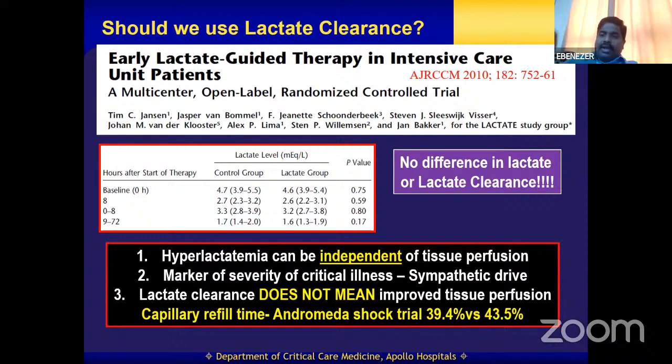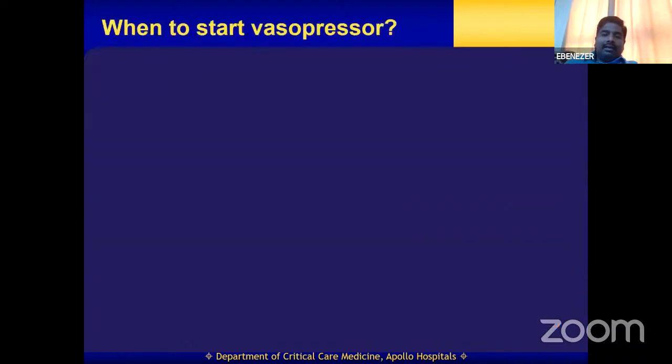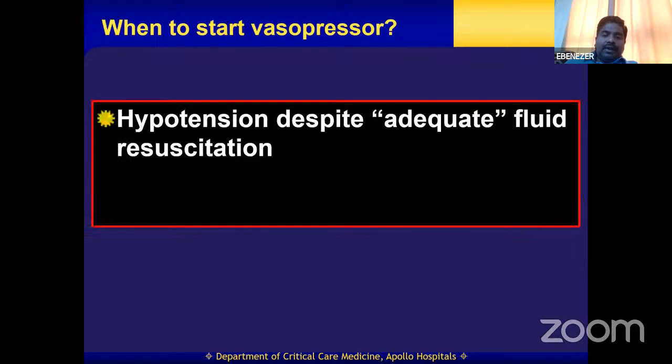Hyperlactatemia does not indicate that only patients who are having tissue hypoperfusion will result in high lactate levels. There are so many other mechanisms also by which you can have high lactate levels. Okay, so these are all important things that you should understand. But as per the latest guidelines, checking lactates regularly probably will be a guide for your resuscitative strategy when a patient is having a high lactate level.